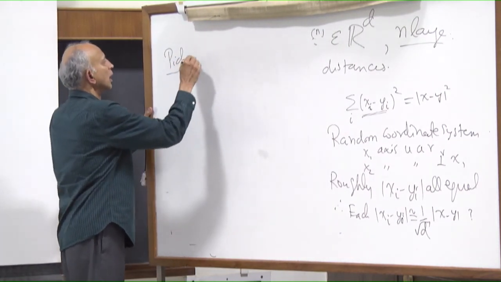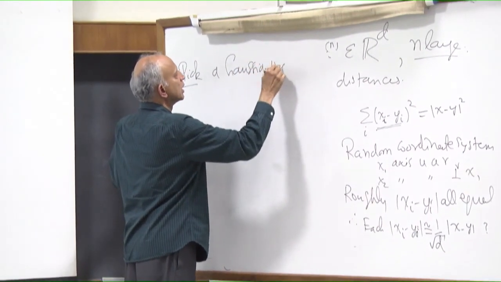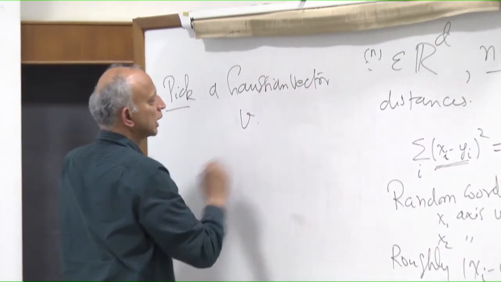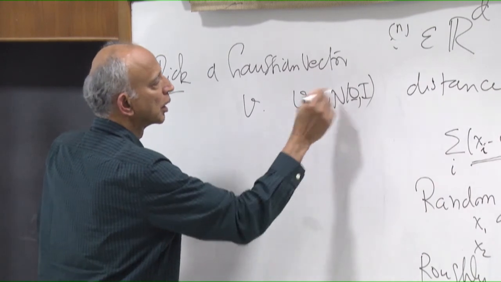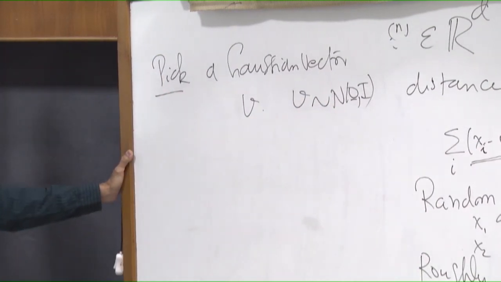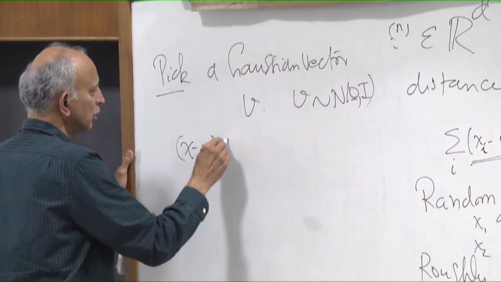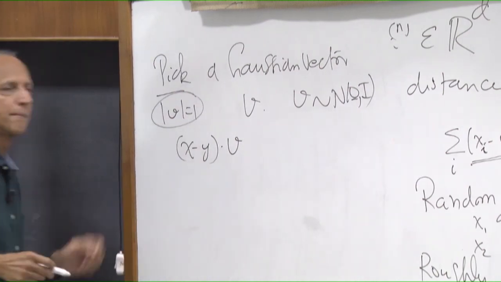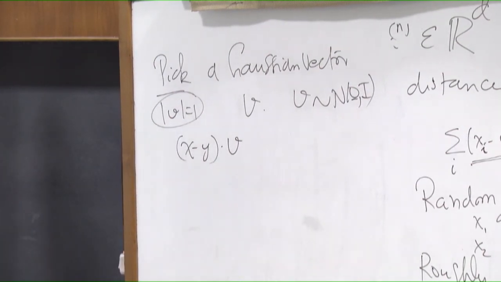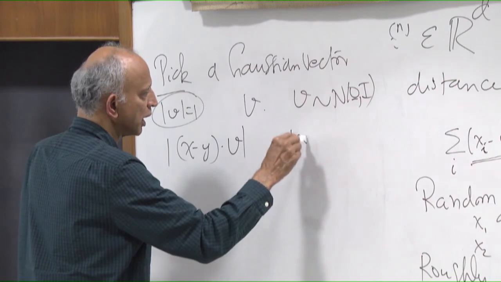Take a Gaussian vector v. What that means is v is picked from the distribution normal(0, I). This is boldface, it's a vector, right? Picked from this, then for x minus y of length 1, what should the dot product of v with x minus y be?